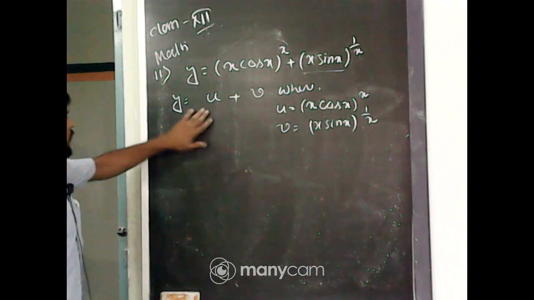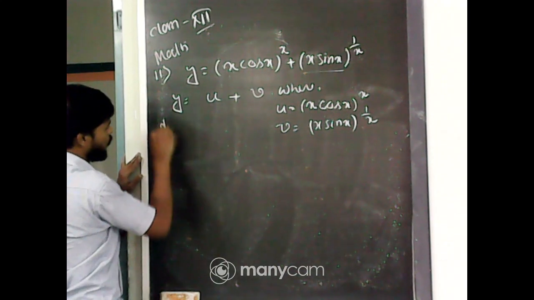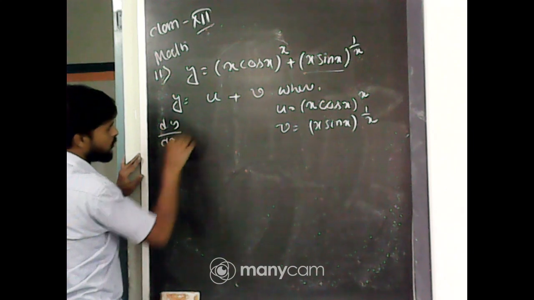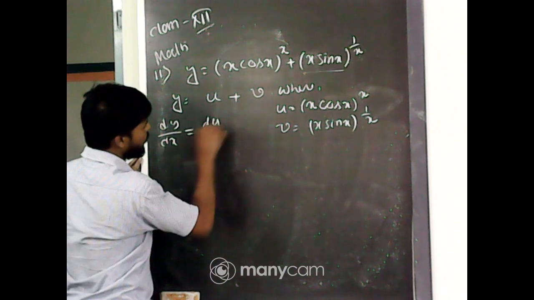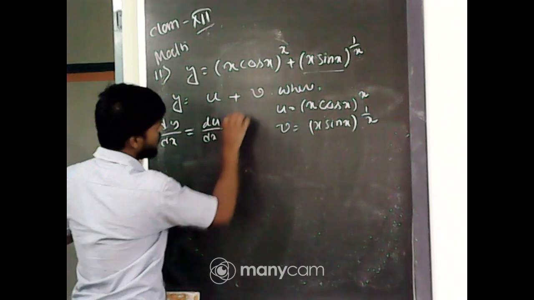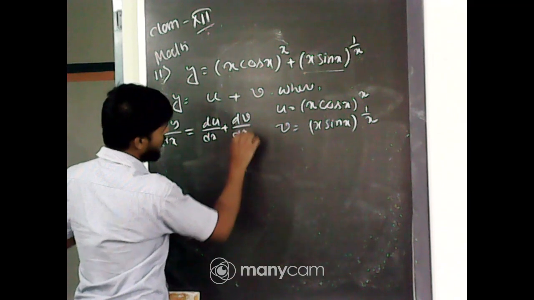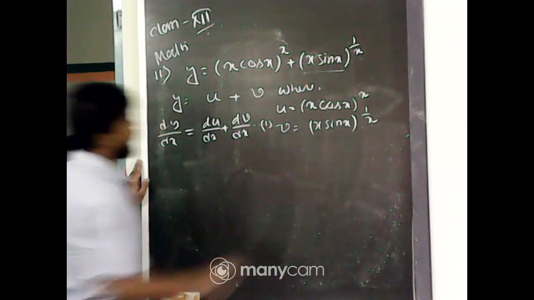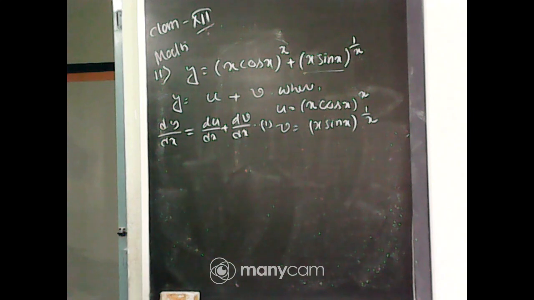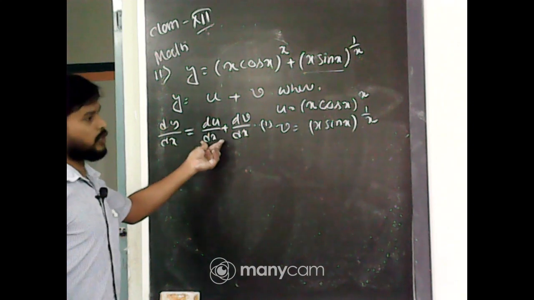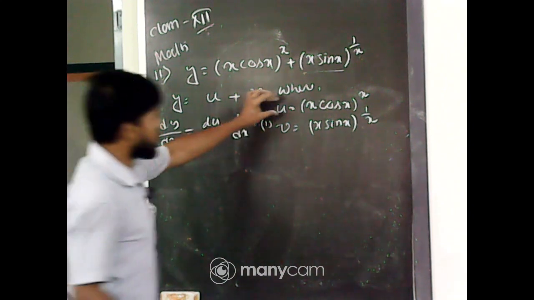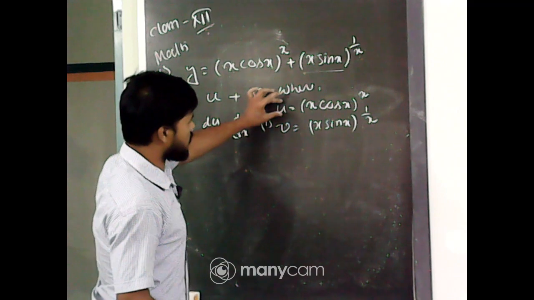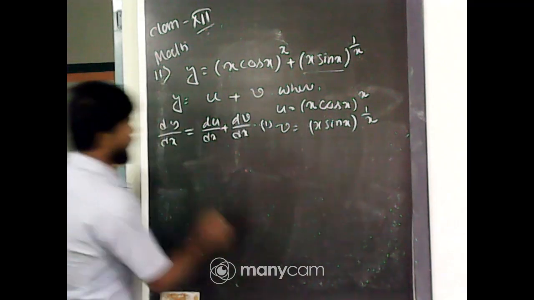Now differentiate this with respect to x. So dy dx will be du dx plus dv dx. This is our equation number 1. We will calculate the derivative of u and the derivative of v, and then we will put them in equation number 1. Clear? So now take u, this expression, and calculate the derivative.